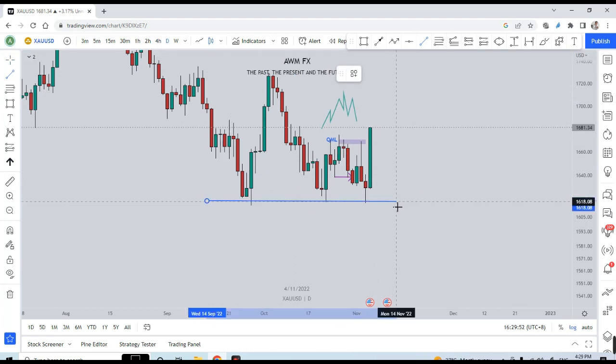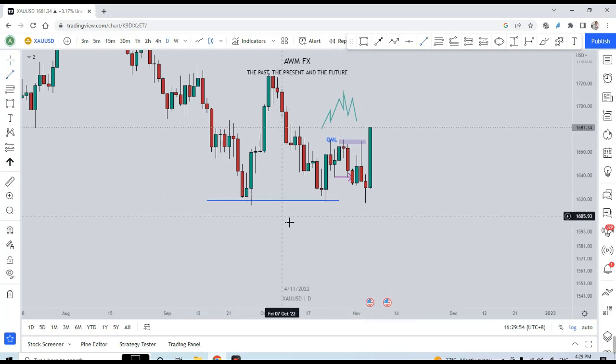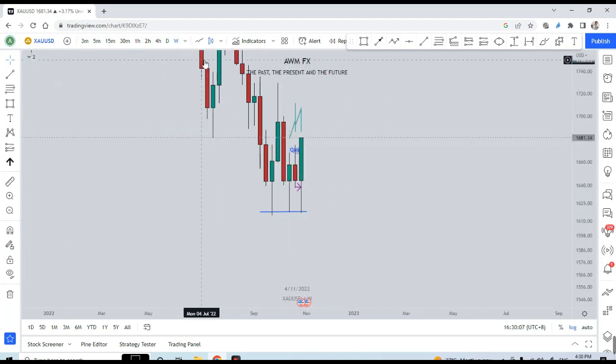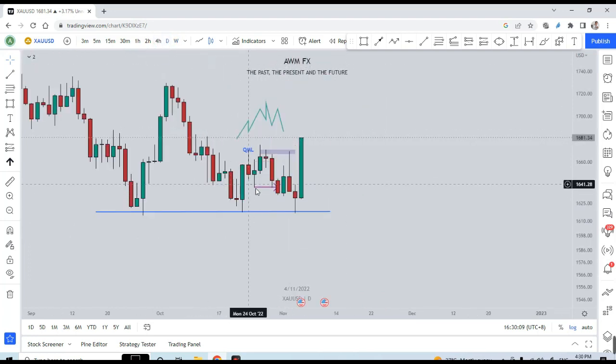Previously this was the ultimate low, and then we have a lot of support structure. This is the ultimate support, from daily and even weekly, I believe. Once the price reaches this area, it's very dangerous for us to continue selling, because we do not know the direction and whether there is any rejection right there.